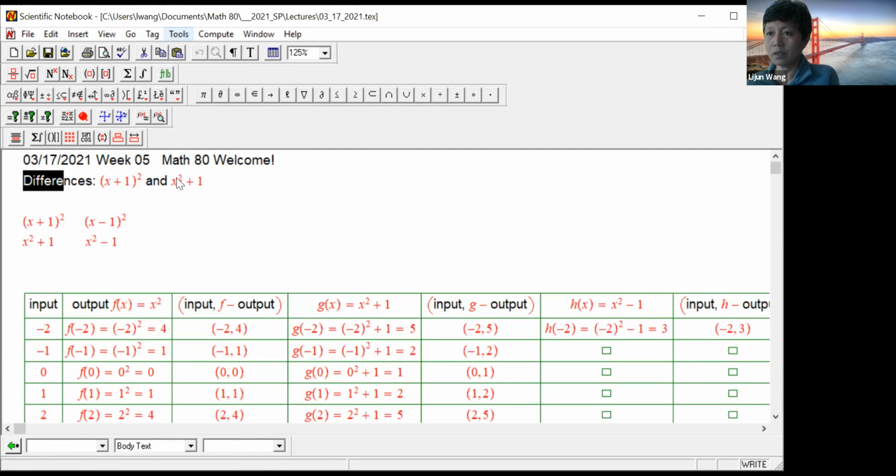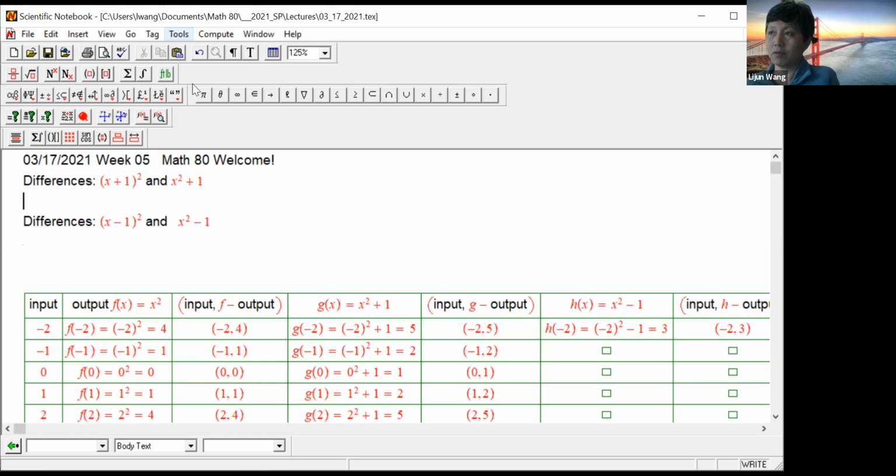Another difference I want you to understand. This is a minus. Could you tell me the difference? A lot of our students couldn't tell the difference. This is a difference just algebraically, from the functions perspective.